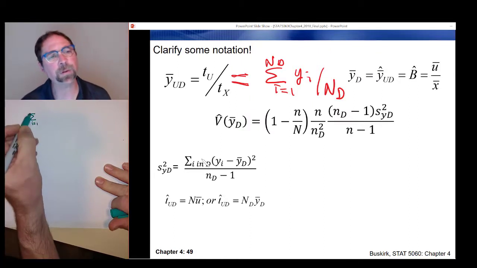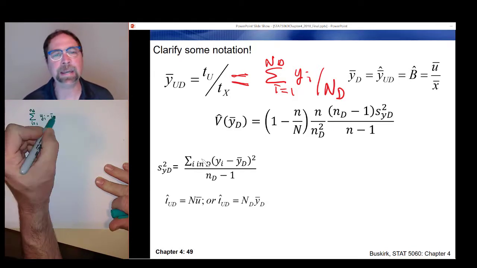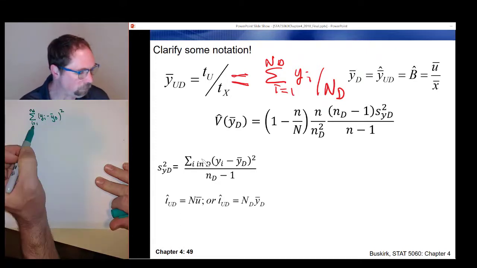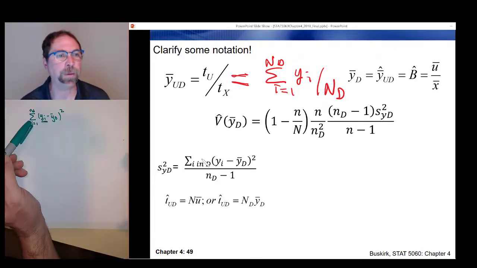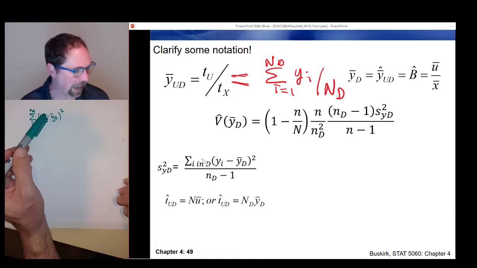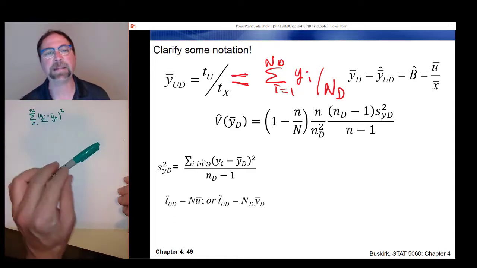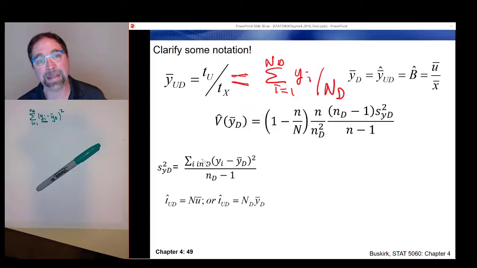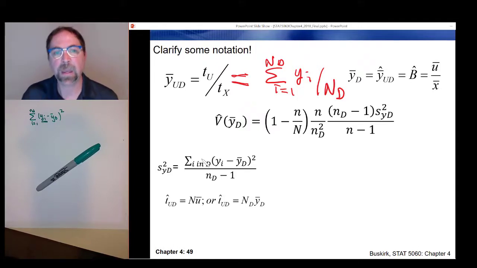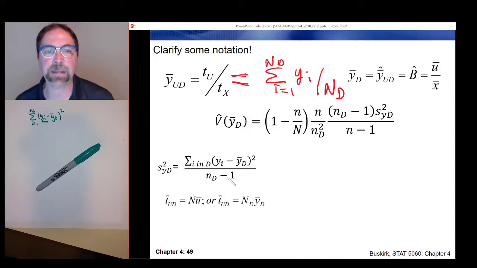So the first few yi's wouldn't necessarily be in the domain. So that's why we don't order it in this way. But in general, the number of summands that we're going to have here is effectively only n sub d, little n sub d. And then I'm going to divide this by n sub d minus 1.